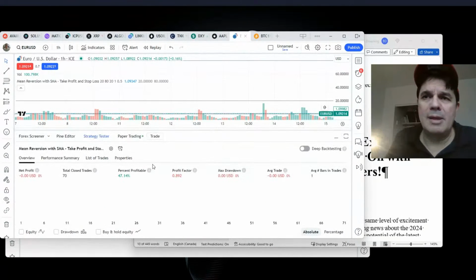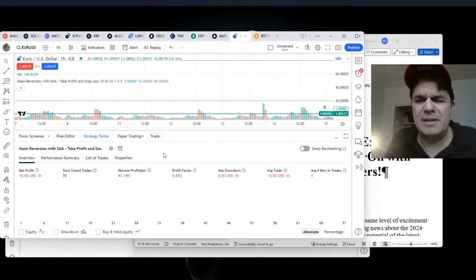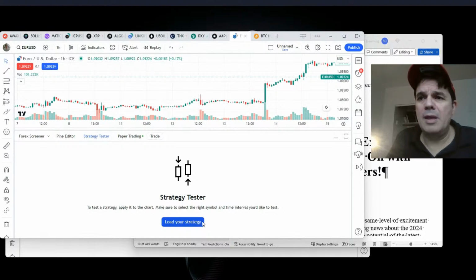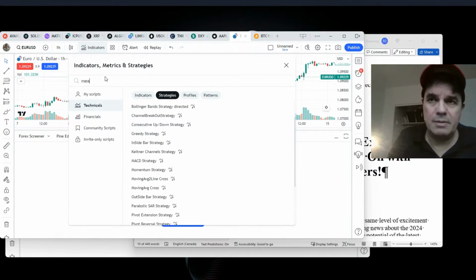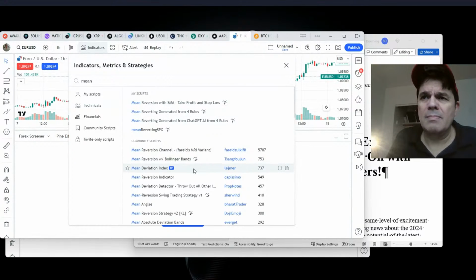Okay. I've done enough HFT. Let's bring up a proper strategy here, okay? So I am going to try to look for another strategy here. I'll kill that and load a strategy for mean reverting, something simpler.